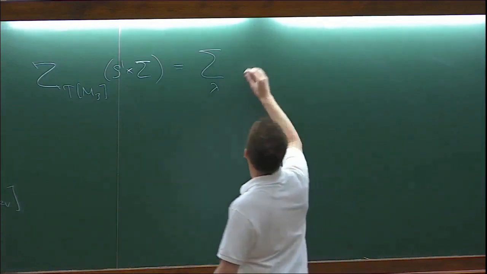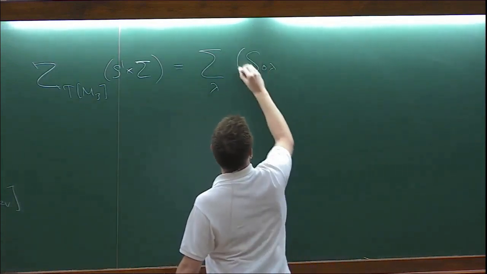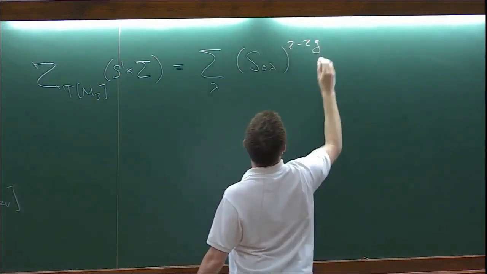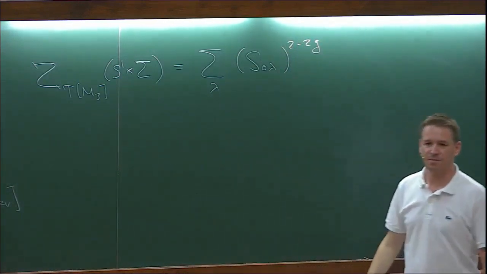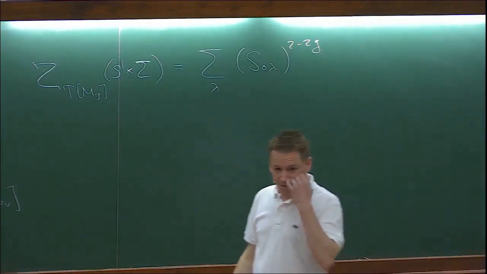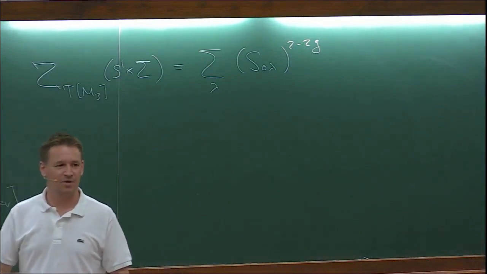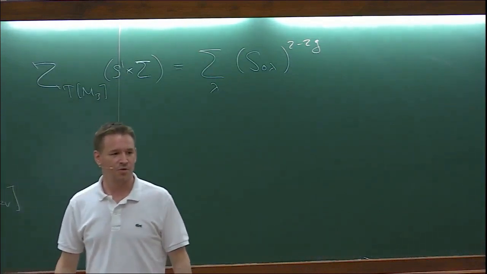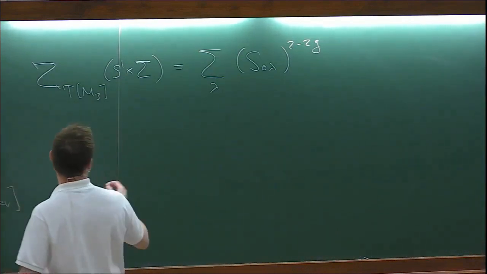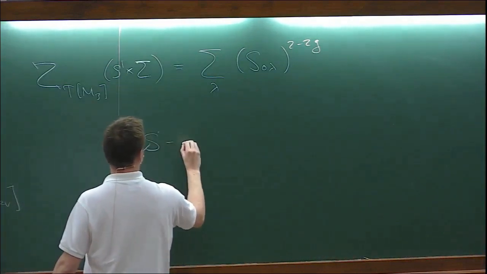So in particular, here is going to be S0 lambda to the power 2 minus 2e, where S is the S matrix. So what physicists should think, if you never saw a modular tensor category before, is that it's some gadget that carries information about S and T matrices.